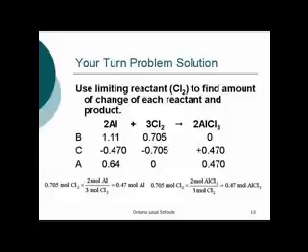I have to assume I'm going to use all of the chlorine, so my value in the change line there is minus 0.705 moles. And then also my 0.705 moles of Cl2 times 2 moles of aluminum chloride AlCl3 over 3 moles of Cl2 means that I'll form 0.47 moles of AlCl3.